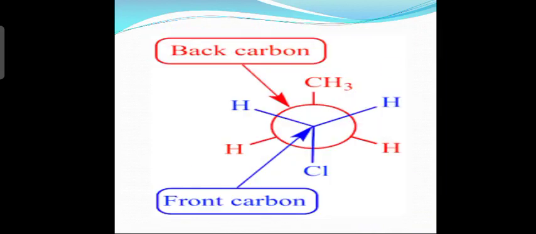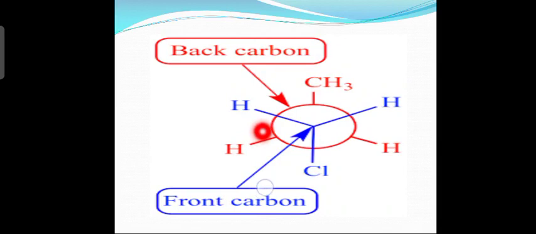Now here is an example. The blue colored bonds are the front carbon. The central point is C, attached to H and then Cl, that means CH2Cl.